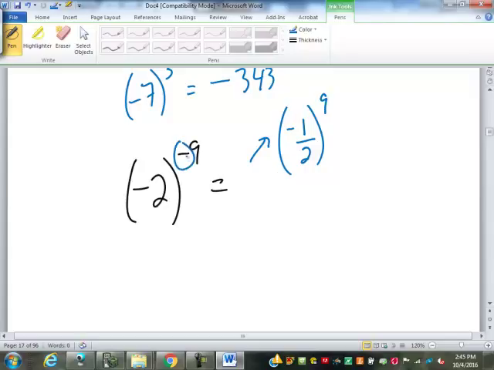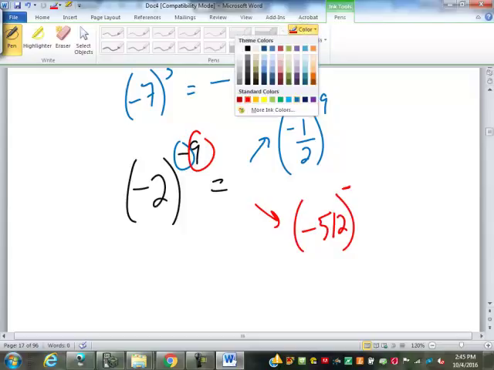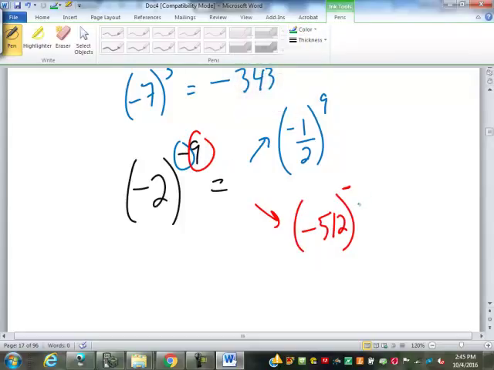So I do the negative part of the power first. Or I can do the 9 part of the power first. Negative 2 to the power of 9 is negative 512. Then I still have the negative part of that to do. The reciprocal of negative 512 is negative 1 over 512.